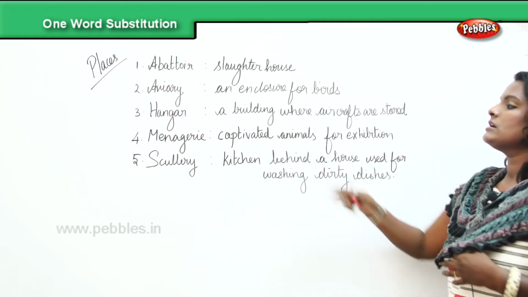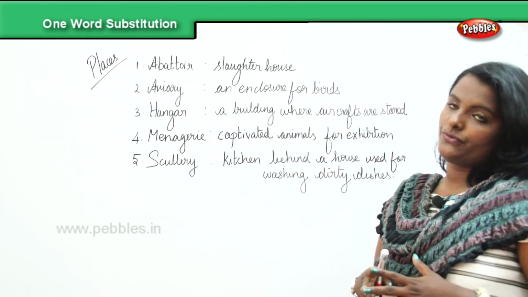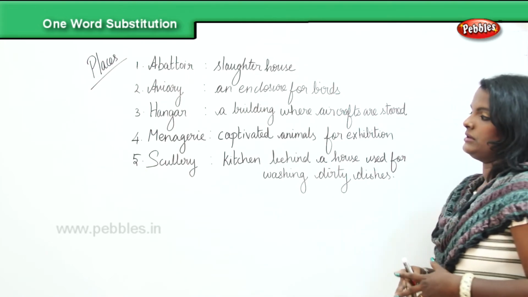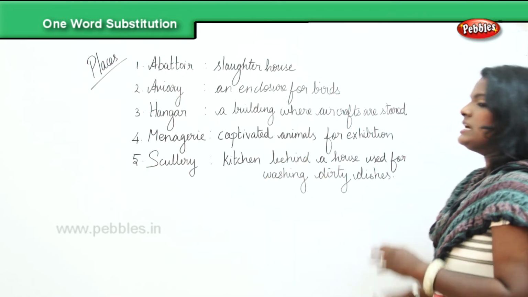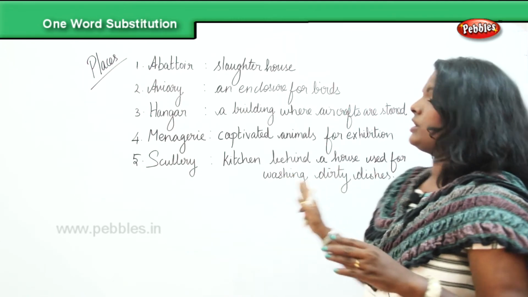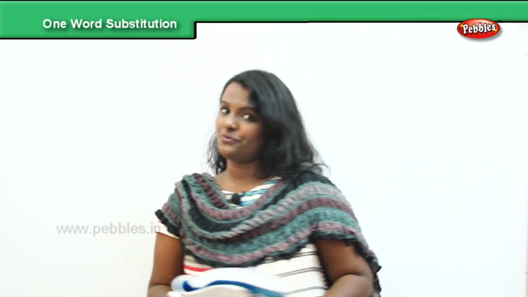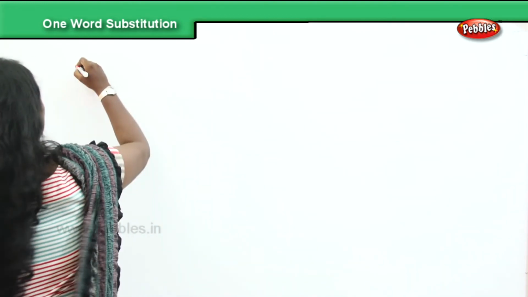Menagerie is a place where animals are captivated and kept for exhibition. And finally, scullery is a place or a kitchen at the backyard, mainly used for washing dishes or any other cleaning purposes. Let's move on to the next set of words related to religion.